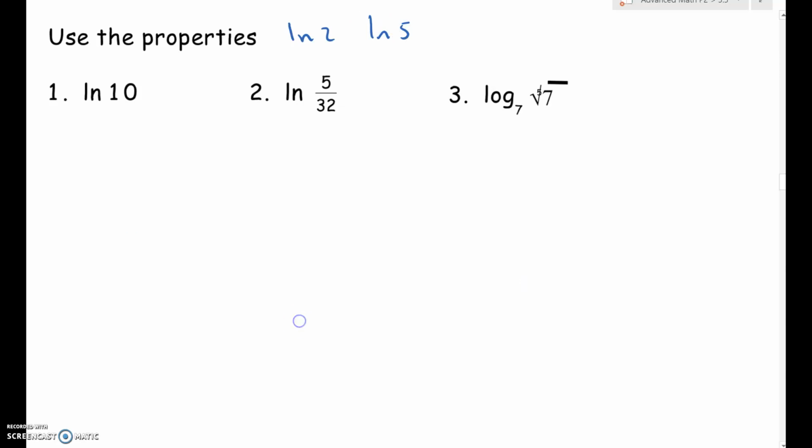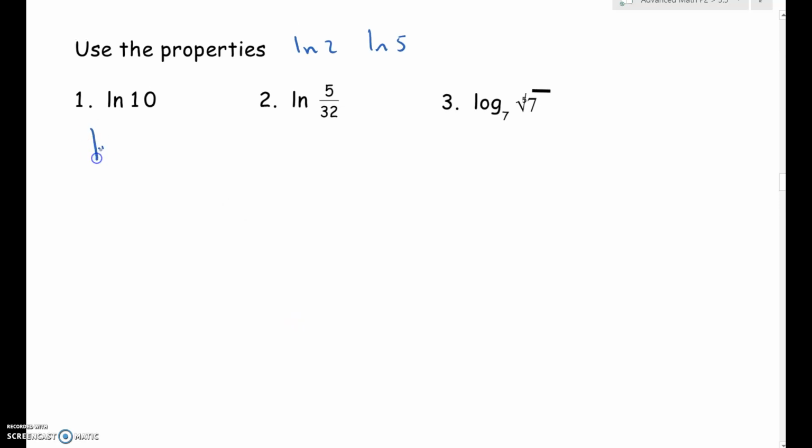So for example, this, and there's no real reason, this is out of context. This is just practicing with the properties. So if I said 2 times 5, okay, how could I break that down? Well, according to the property we just looked at, when it's multiplication, it becomes addition. So ln2 plus ln5.